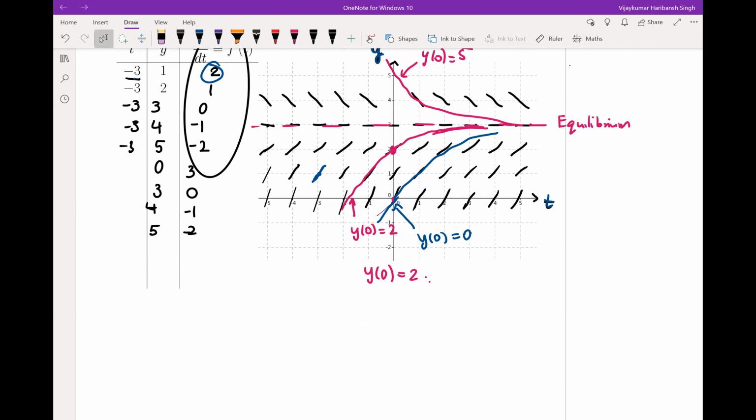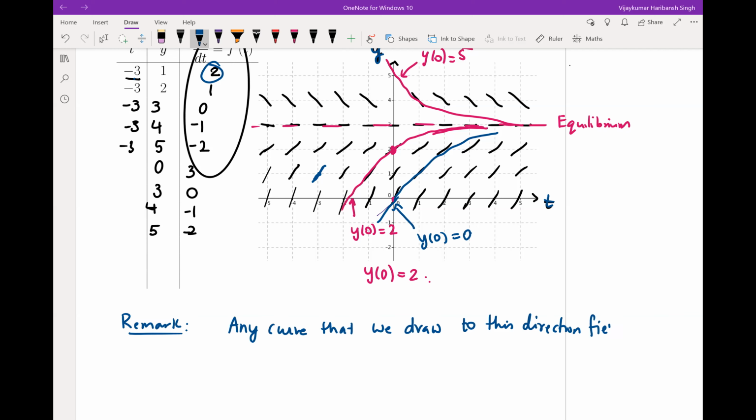So, remark: any curve that we draw along this direction field is what?